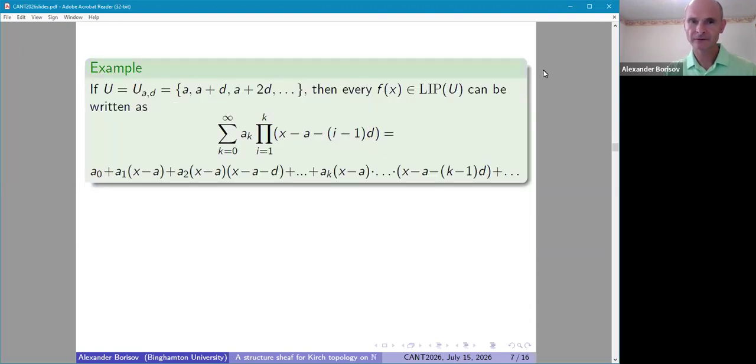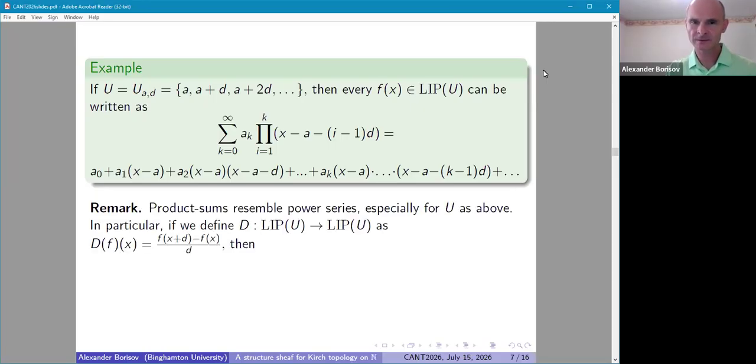Here's a nice and kind of important example. Let's say a plus d times N, this is one of our basic sets, or really just any arithmetic progression. Then this construction gives us that every lib function is this sum, where you can kind of see what these factors are, right? If it's an arithmetic progression, these appear a lot in combinatorics.